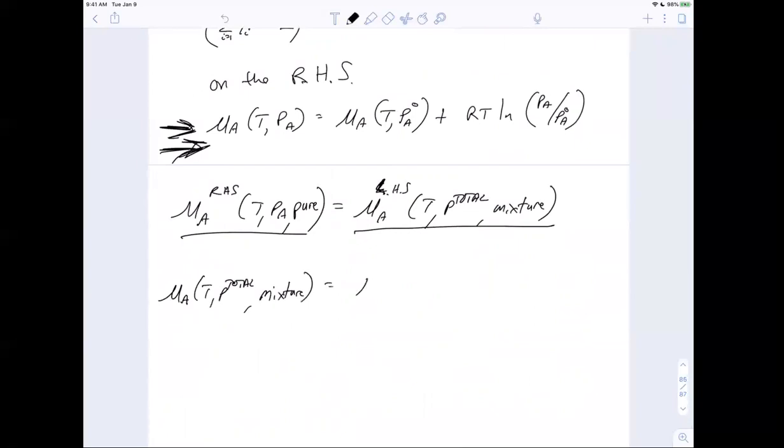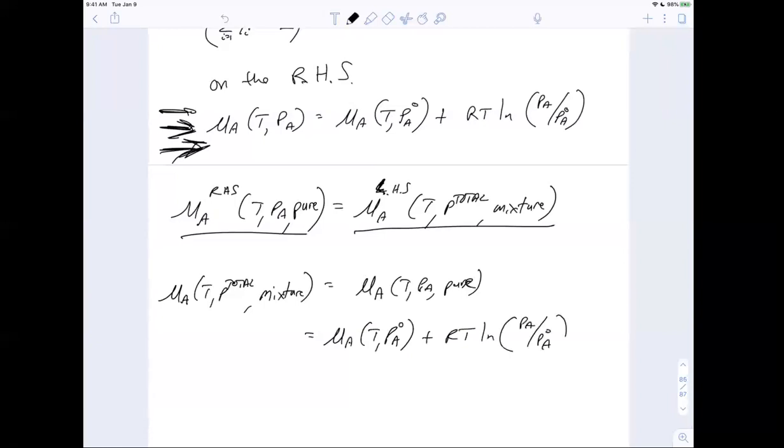And that's equal to mu sub A at T, P A, and this is pure. And we know what the pure is. It's right here. I'm going to put that in here now. That's equal to mu A at T, P A naught plus RT natural log P A over P A naught. And that's equal to the chemical potential of A at T at P total, which is the total pressure of the mixture.